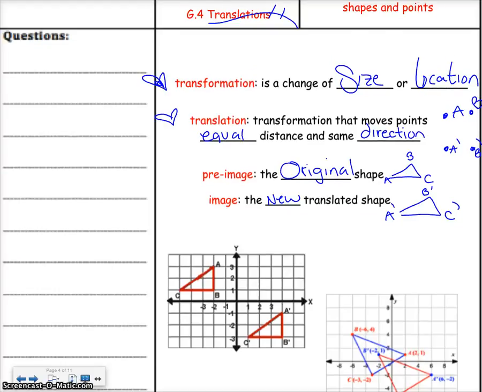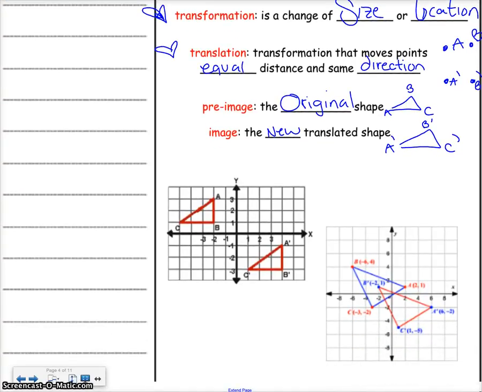Okay? So, the first two examples are just me making sure that you can identify which one you started at and which one you ended at. So did I start at the one on the left or the one on the right? Left. The left, because it doesn't have the prime symbols or apostrophes. So this is my original, also known as the pre-image.